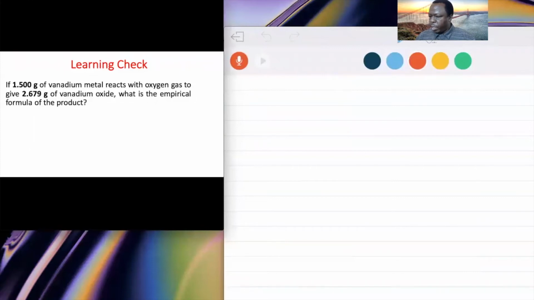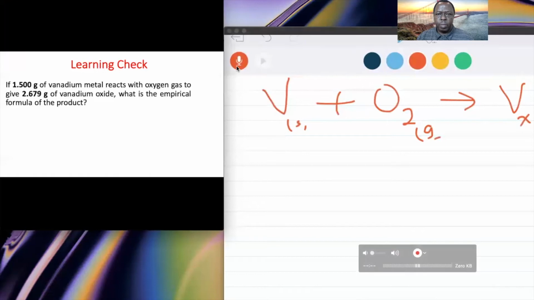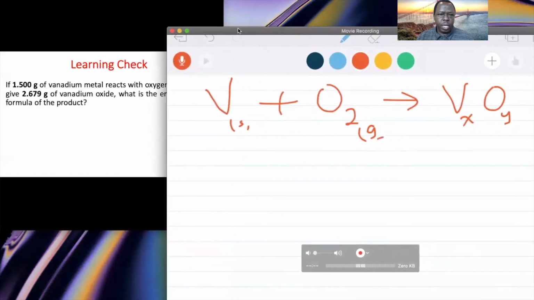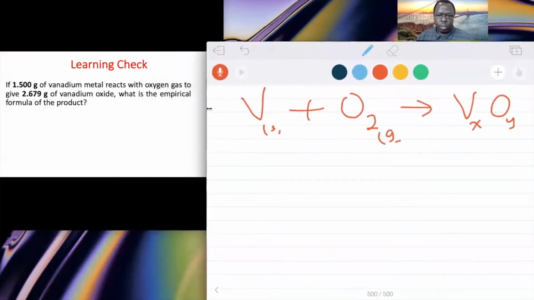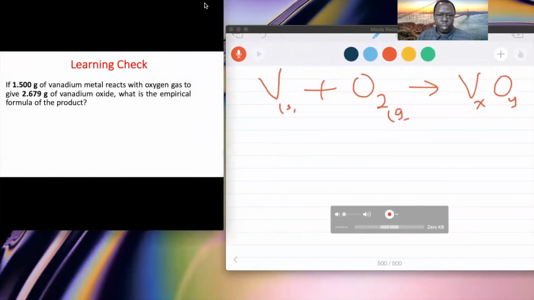To start off, you may want to write the equation: vanadium, a solid metal, plus oxygen gas, to give us vanadium oxide. We don't know the value for X or Y, and therefore we cannot balance the equation. Sorry about that. You should be able to see the equation right there.